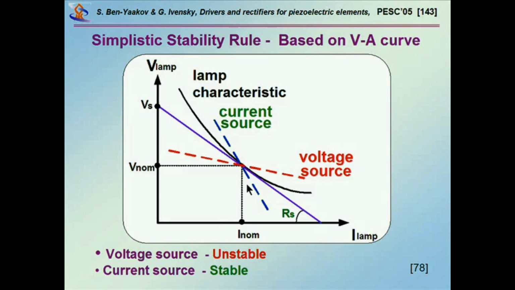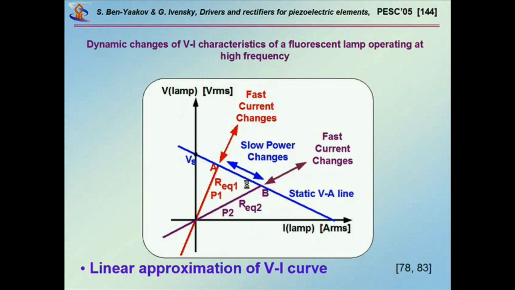We are dealing here with a dynamic system which has a dynamic behavior. It has poles and zeros, and it has resonant points, and this doesn't show any of this. Okay? So we need something more relevant to the problem that we have.